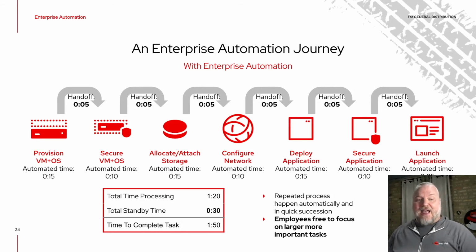What we've done now is we've taken the total processing time down to less than an hour and a half, and the total standby time in between processes to just 30 minutes. This process that used to take a week and a half now takes less than 2 hours to complete. And on top of all that, the employees are more free to focus on larger, more important tasks that actually require them to think and be creative and be productive.